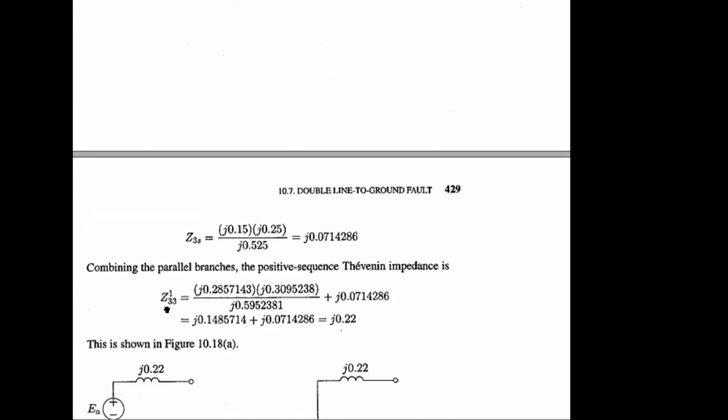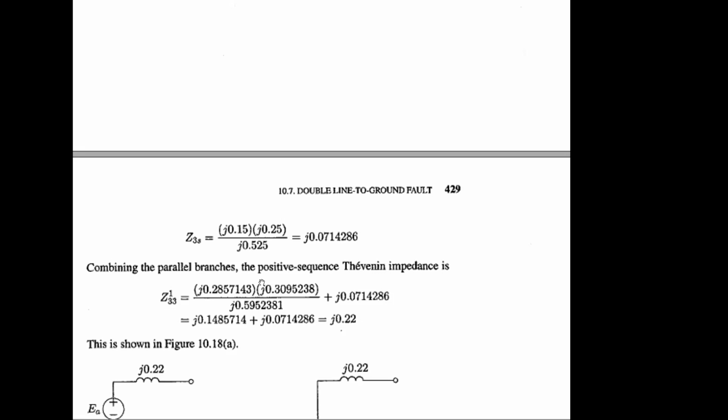Z331 is generated based on the parallel configuration. Z331 is the equivalent impedance in terms of bus 3, or the Thevenin impedance across the terminal of bus 3.